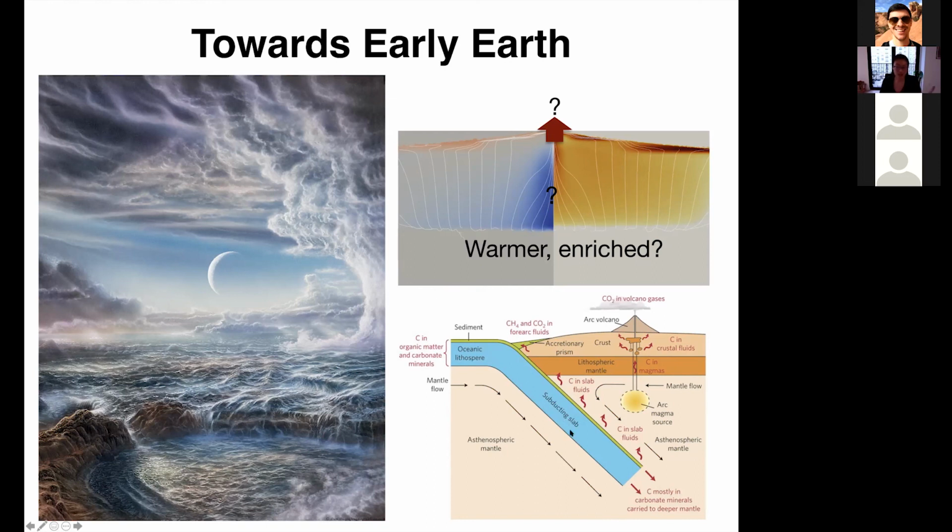And of course, I didn't talk about any of my postdoc work trying to understand fluid flows at subduction zones and carbon fluxes. I also want to take that and try to understand early Earth as well.